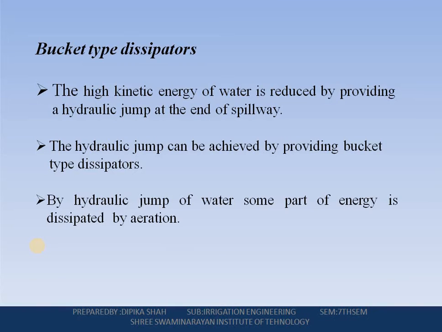A hydraulic jump is a sudden rise of water that takes place when the flow changes from a supercritical flow state to the subcritical state, right? So when a stream of water moving with high velocity and low depth strikes another stream of water moving with low velocity and high depth, a sudden rise in the surface of the water takes place, and this phenomenon is called a hydraulic jump.